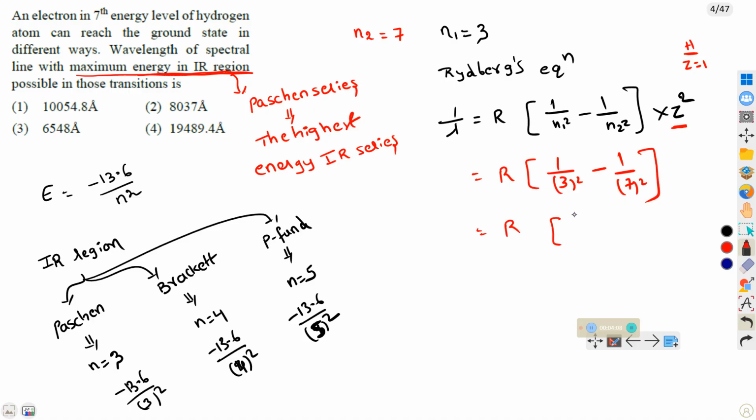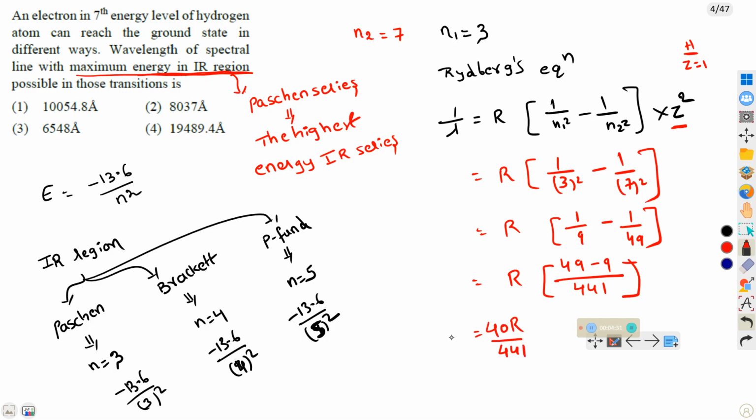R into 1 by 9 minus 1 by 49. Find out the LCM. LCM is 441, 49 minus 9. Get 40R by 441. This is the 1 by lambda value. Lambda value is equal to 441 by 40 into 1 by R.